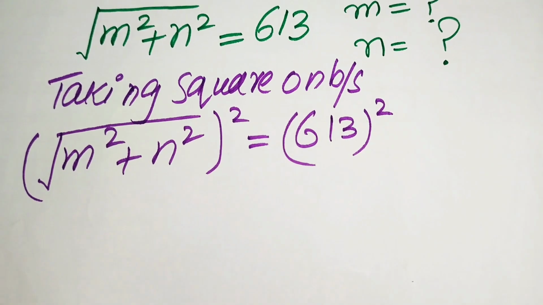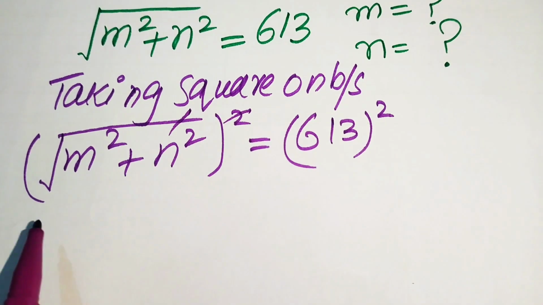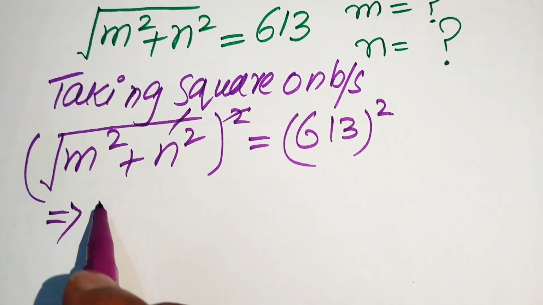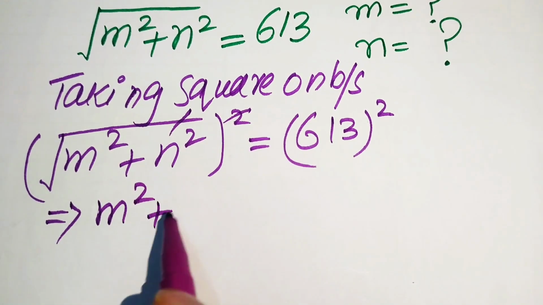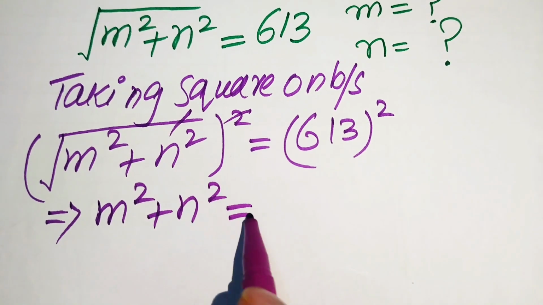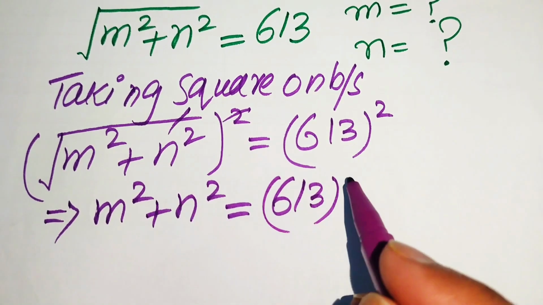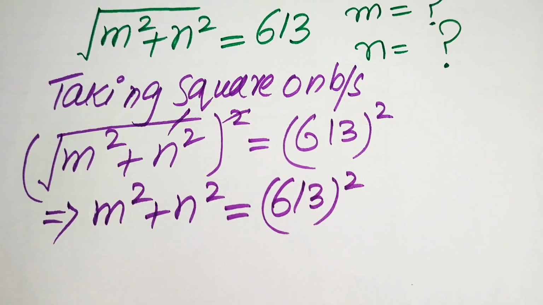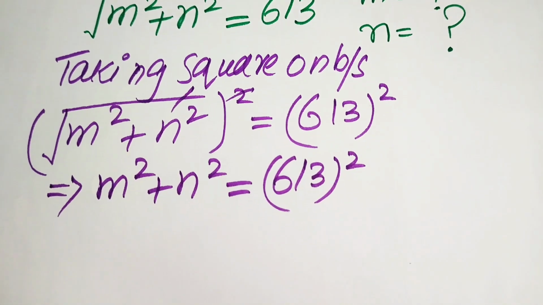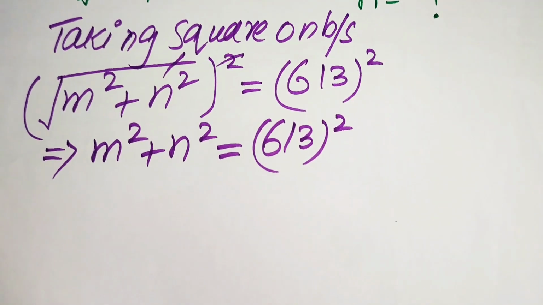Now in the next step, you see that the 2 and square root are gone, and we obtain m square plus n square equals 613 and its whole square. So we solve this problem with the help of geometry.